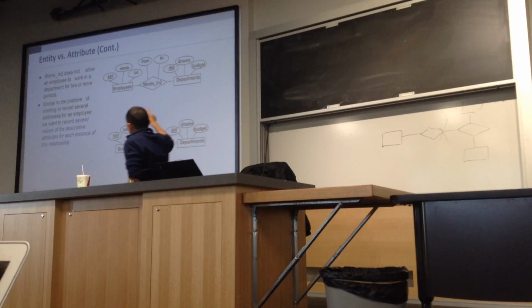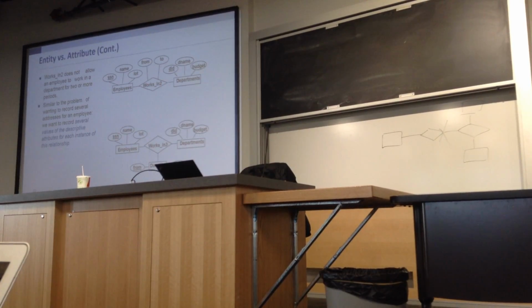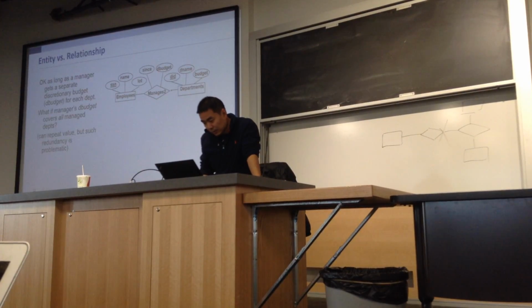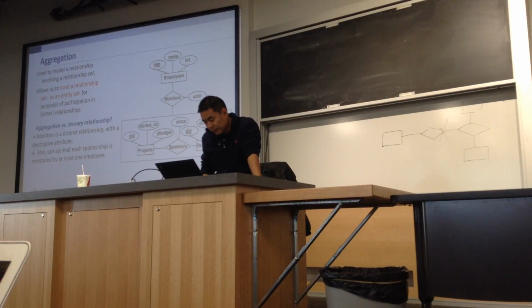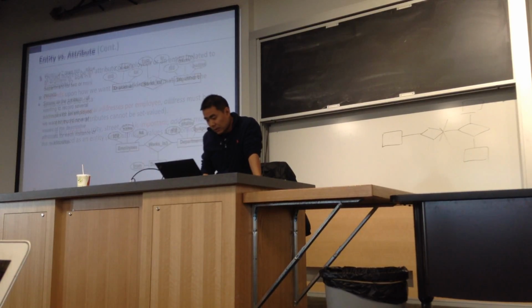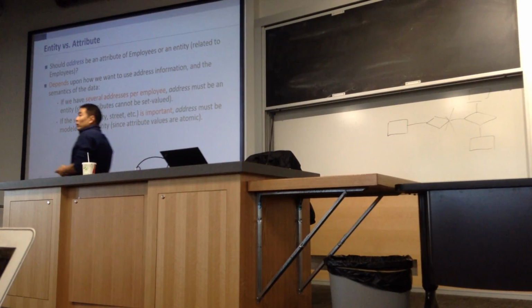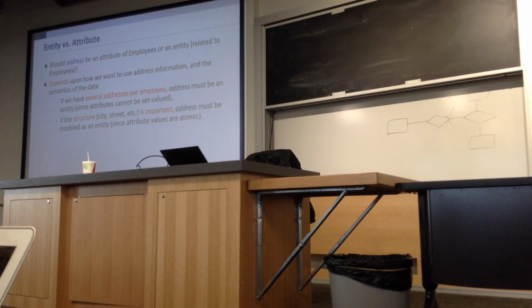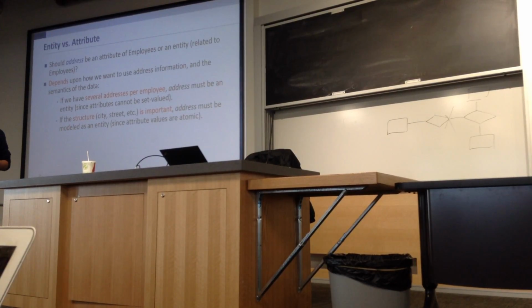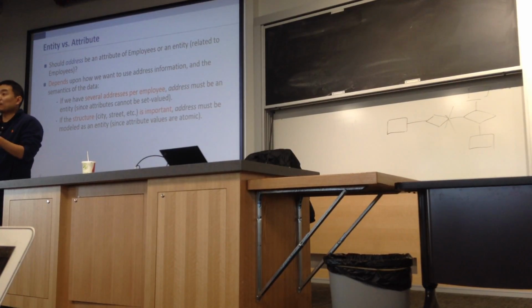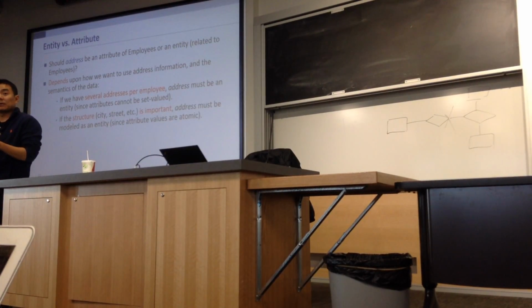So suppose I have a design like on top. This is entity versus attribute. What do I mean by that? Suppose you have address and you have an employee entity set, and you want to capture the address information for the employee. For every employee, I want to know his or her address.